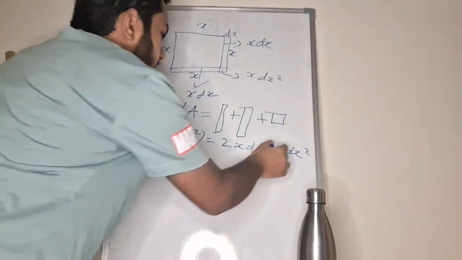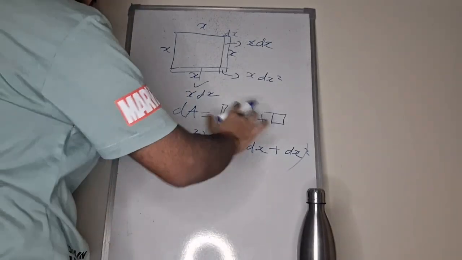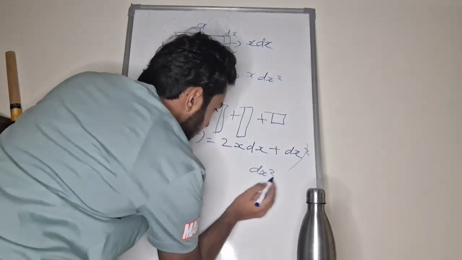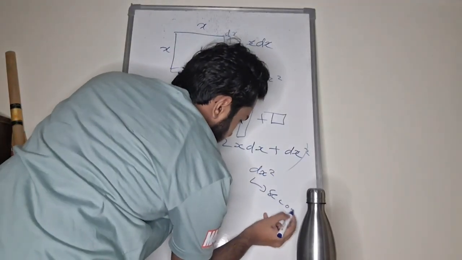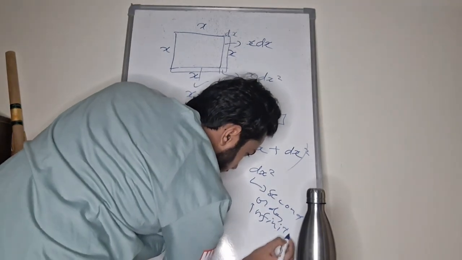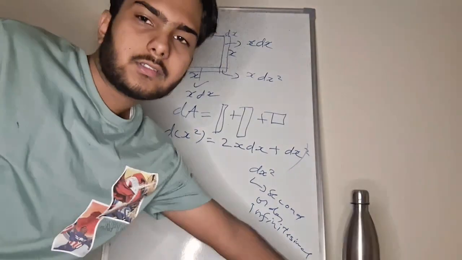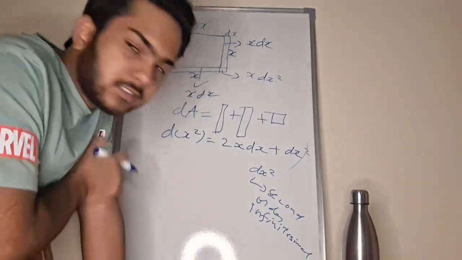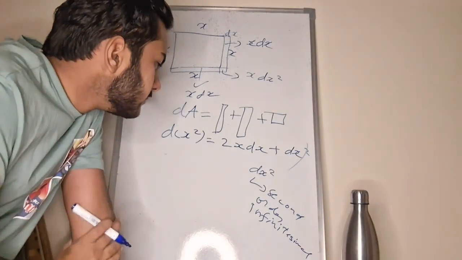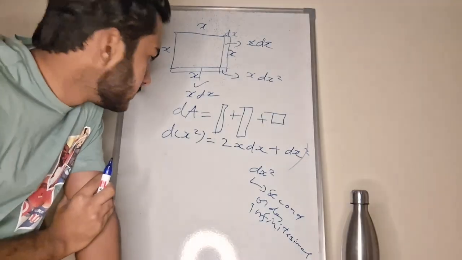And we eliminate this. What's the reason that we eliminate this? Because, as I told you earlier, dx square is the second order infinitesimal. That means it is infinitely smaller than dx. So if it's infinitely smaller than dx, then we won't consider it.